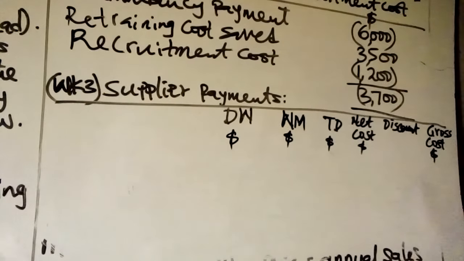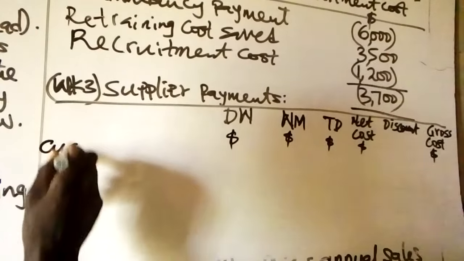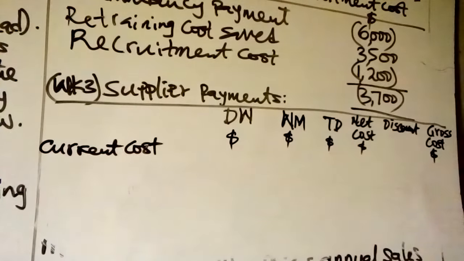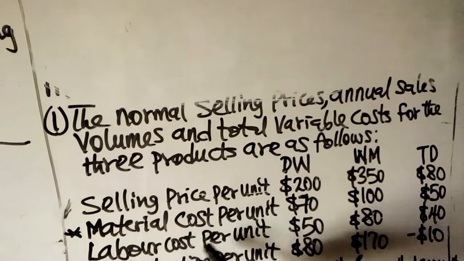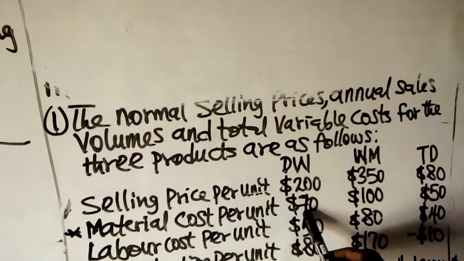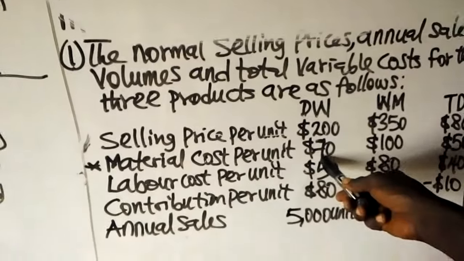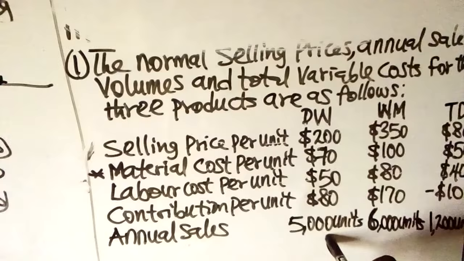Now, how much is the current cost of that material? Remember, the materials cost for DW is 70 naira per unit on 5,000 units.